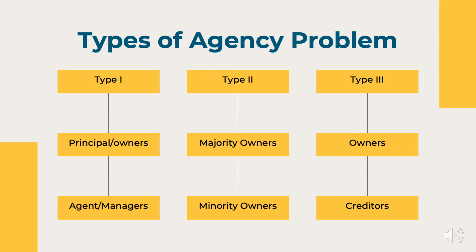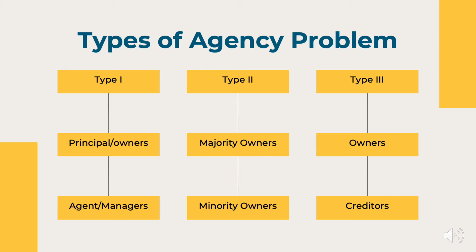The second type of the agency problem is also known as the principal-principal problem. This kind of problem is usually between the majority owners and the minority owners. We define majority owners as people who hold a majority of the shares of a firm, while we define minority owners as people who hold a very small portion of the firm's shares.